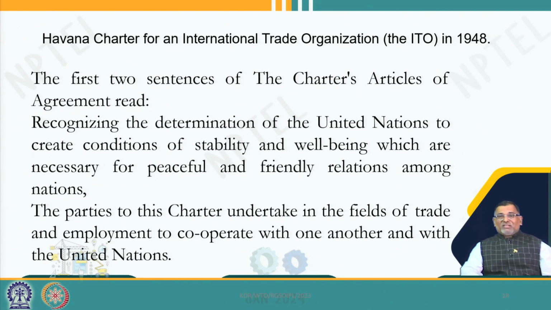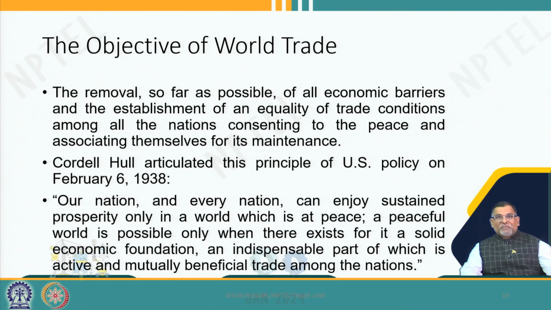The charter says that, recognizing the determination of the United Nations to create conditions of stability and well-being which are necessary for peaceful and friendly relations among nations, the parties to this charter undertake, in the field of trade and employment, to cooperate with one another and with the United Nations. So, the objective was very clear: to form a trade organization, which did not happen at that point of time.